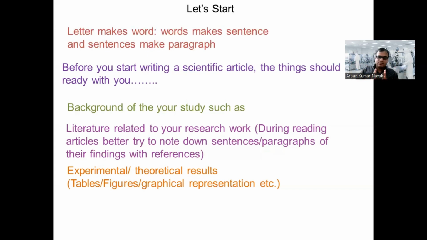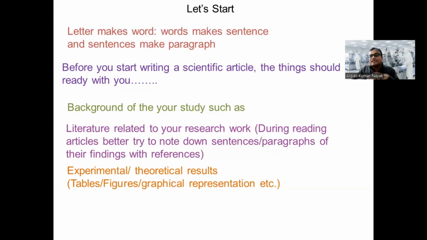The second point will be the experimental results or theoretical results. Those who are working in the experimental field, experimental researchers, should perform the experiments, and the results should be ready with them before they start writing.